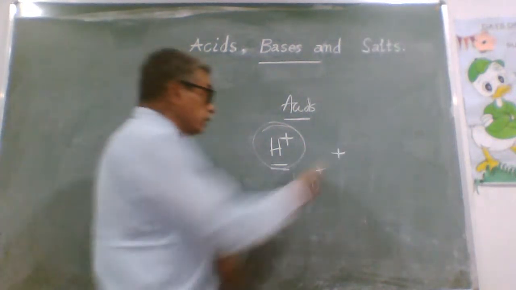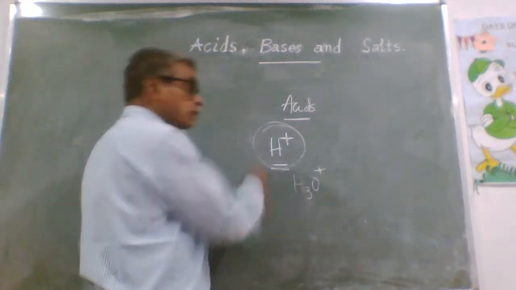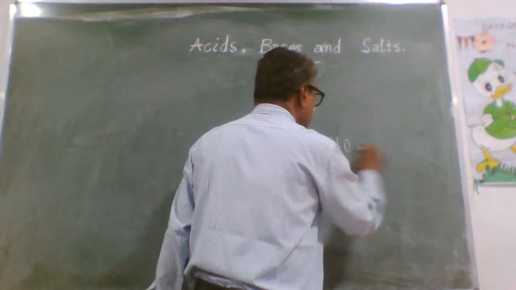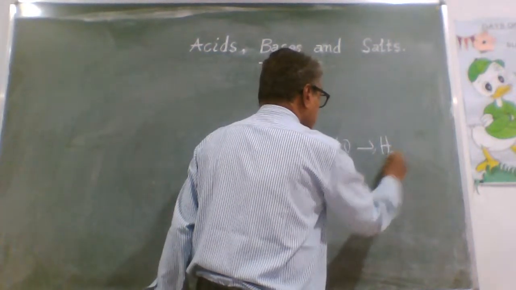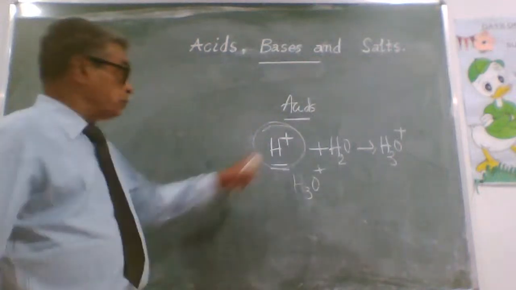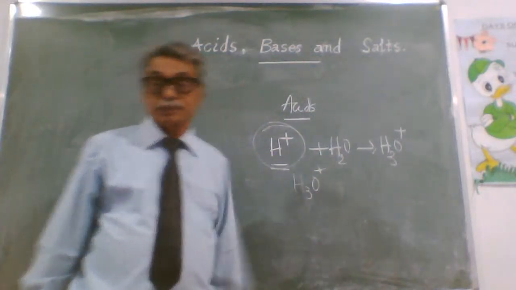Earlier I have taught you already. When H plus ion dissolves in water, adds to water, you get H3O plus ions. H3O plus ions are obtained by H plus ion dissolving in water.